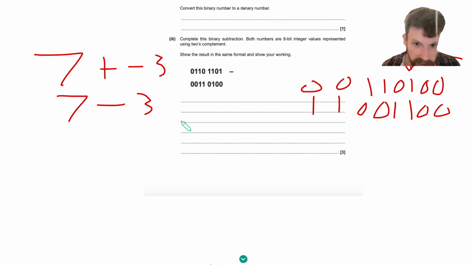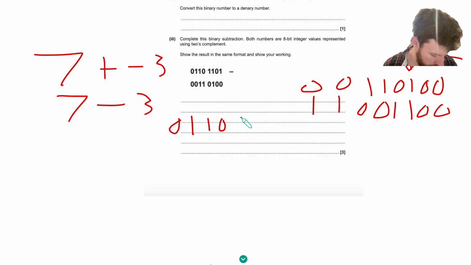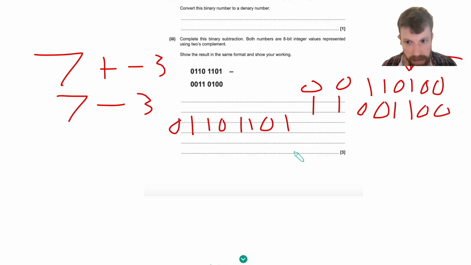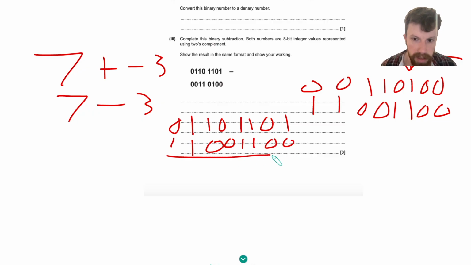And then I'm going to write it underneath everything. 0, 1, 1, 0, 1, 1, 0, 1. So make sure you get the top number correct. And then underneath it, write your new number. 0, 0, 1, 1, 0, 0. Underline all that.